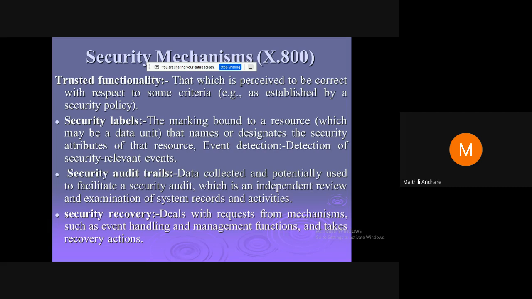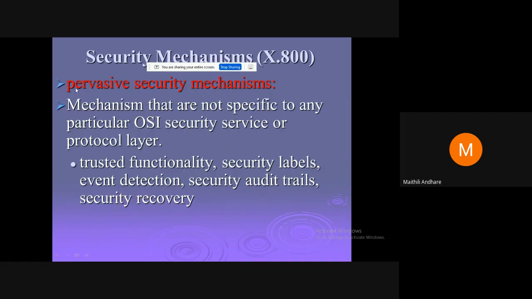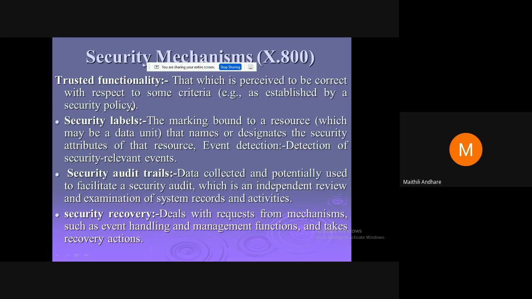Okay, so these are the five points which come under the pervasive security mechanisms: trusted functionality, security labels, event detection, security audit trails, and security recovery. Here we are checking whether the functionality is trusted or not. By different labels we are checking the security.